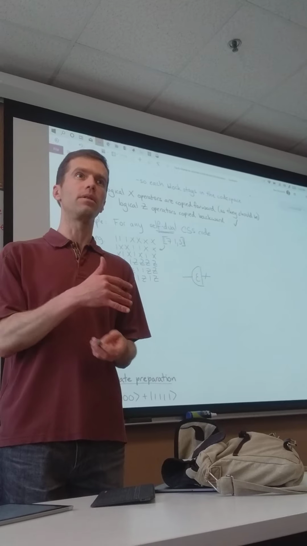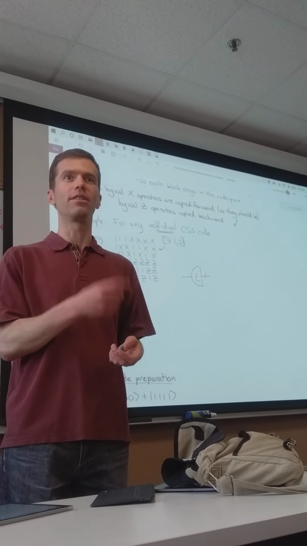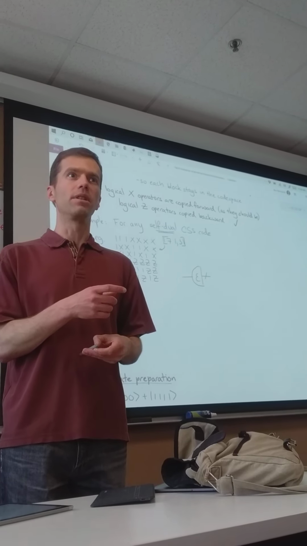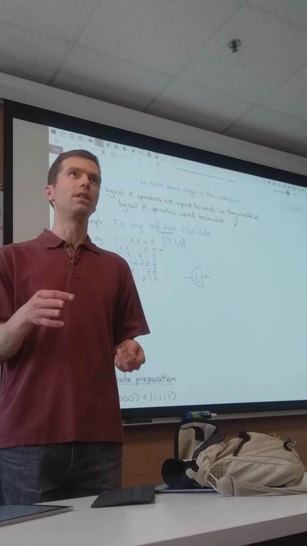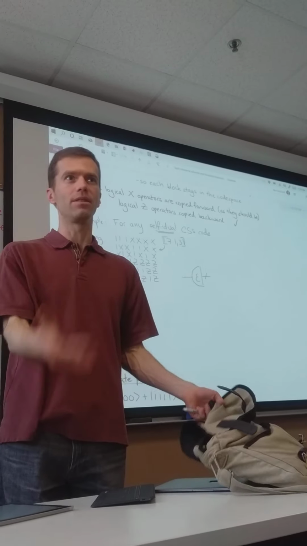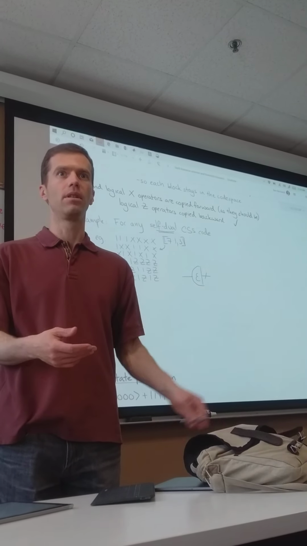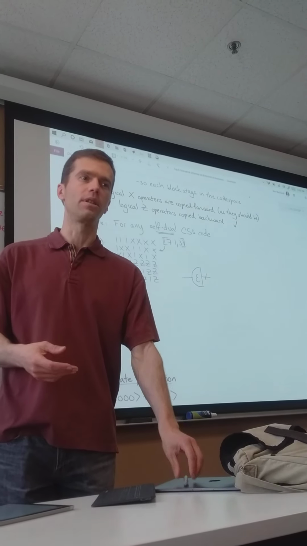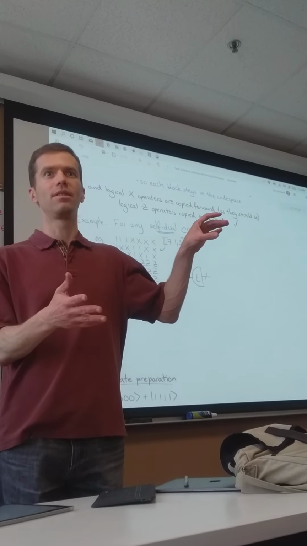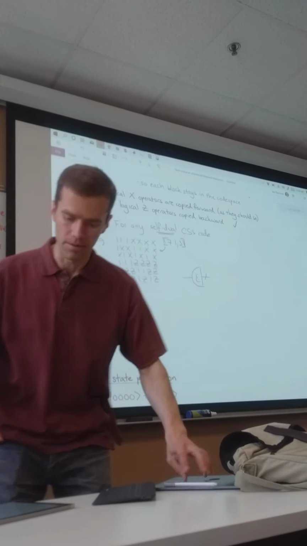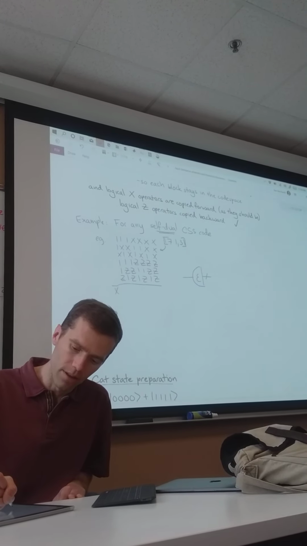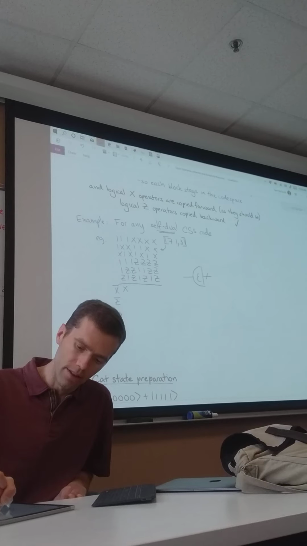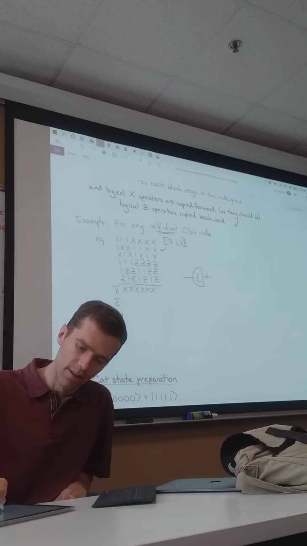But the problem is you don't know what the least weight logical operator is, because it could be some complicated combination of the generators. It's not one of the rows you're given, it's some linear combination of the rows. But also the least weight logical operator could involve the stabilizers. For example, with this code, logical x, I'll use a bar notation. Logical x is x, x, x, x, x, x, x.